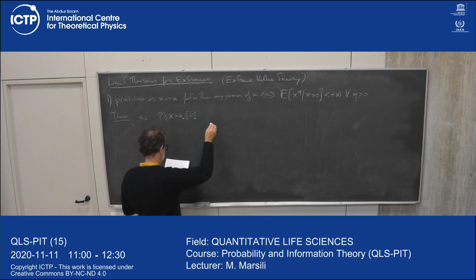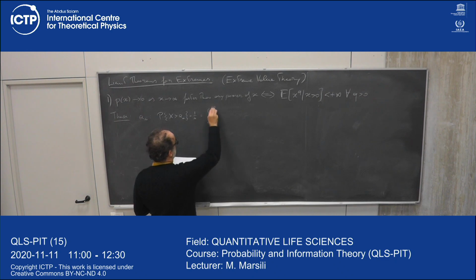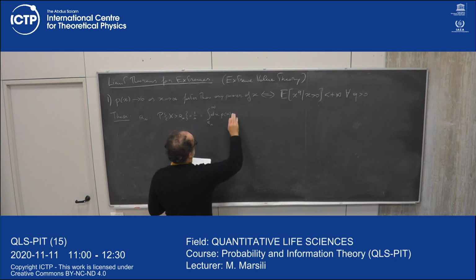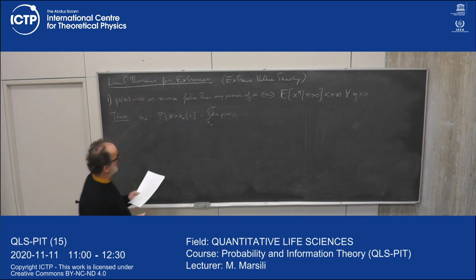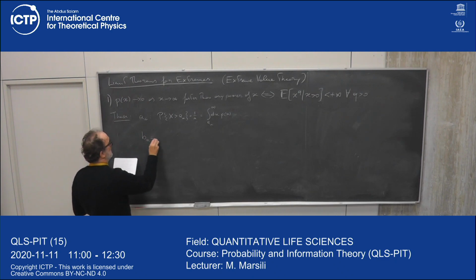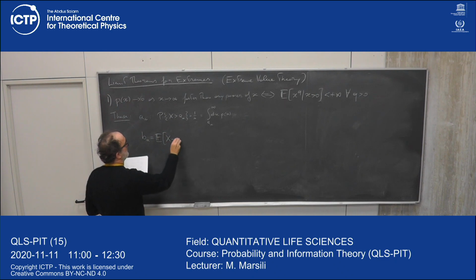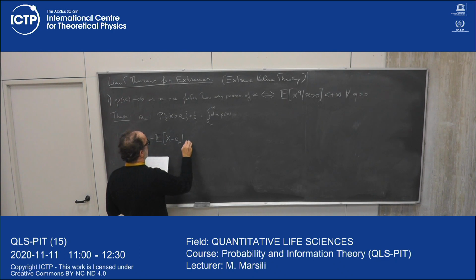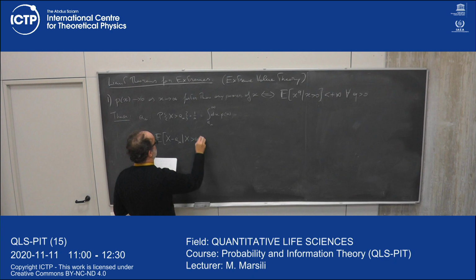So this means that the integral from an to infinity dx of p of x is equal to 1 over n. And then bn is given by the expected value of x minus an conditional on x being larger than an.